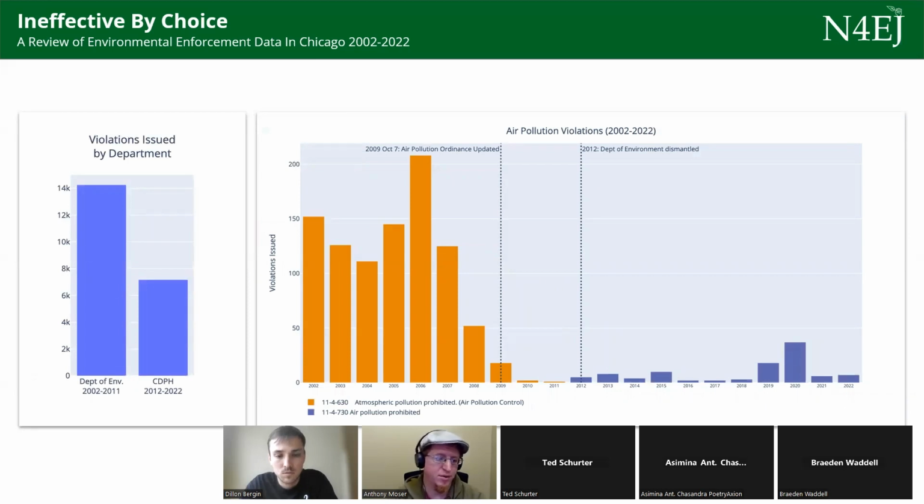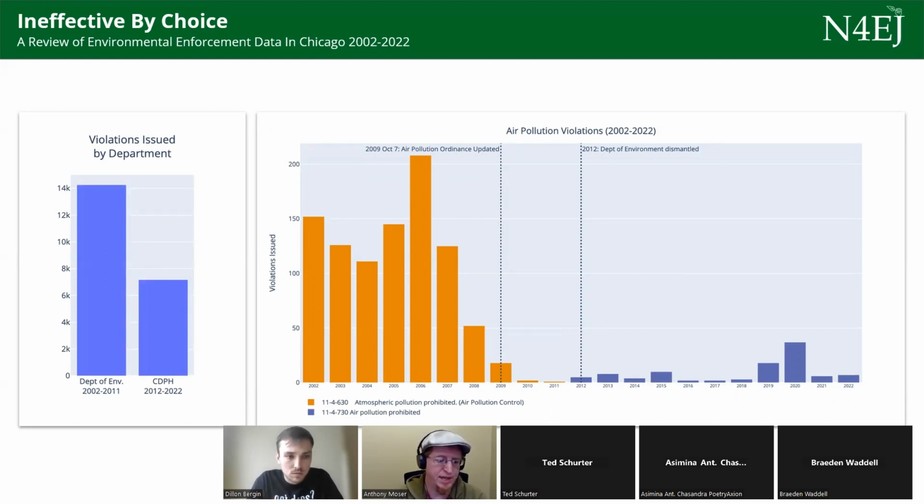Now, Chicago, we used to have a Department of Environment, and then under Rahm Emanuel, it was dismantled, and environmental enforcement was turned over to the Department of Public Health. And so part of the big frame of this analysis was, what happened when they did that? And I mean, you can take a look; it's pretty striking, right?